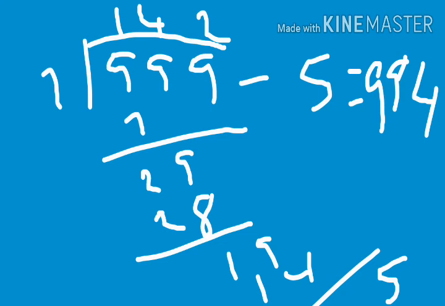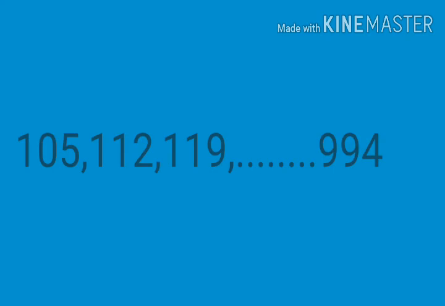Then what is the remainder? 5. So that remainder we can directly subtract. So 999 minus 5 equals 994. So we got the AP of 3-digit numbers that are divisible by 7 as 105, 112, 119, etc.